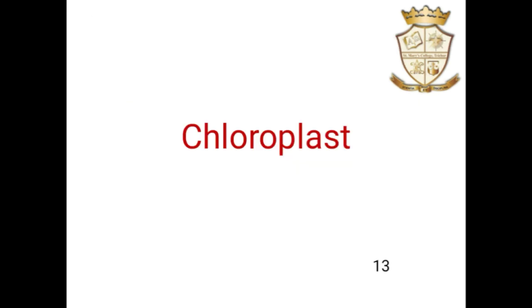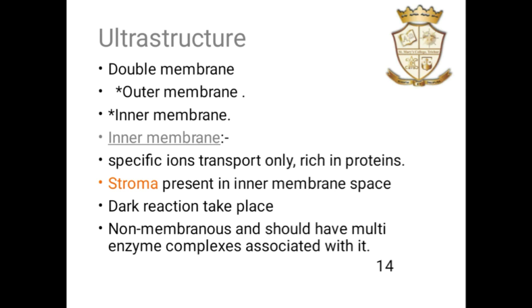First, the chloroplast. Looking at the ultrastructure, it is also double membrane, same as the mitochondria, containing an outer membrane and an inner membrane. The inner membrane transports only specific ions and is rich in proteins. The outer membrane pores are specific for some ions, and the stroma is present within the inner membrane space.